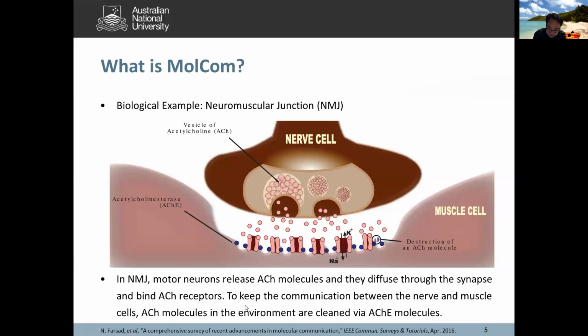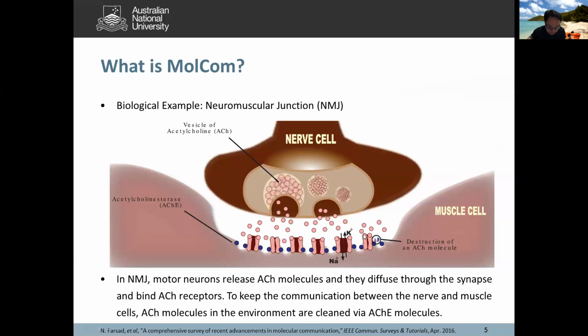In order to keep the communication between the nerve cell and the muscle cell, we can see that the muscle cell has acetylcholinesterase, and it will clean the ACh molecules, for example, it may destroy the ACh molecules. At the same time, we can see something being absorbed into the muscle cell and something being released back to the environment.